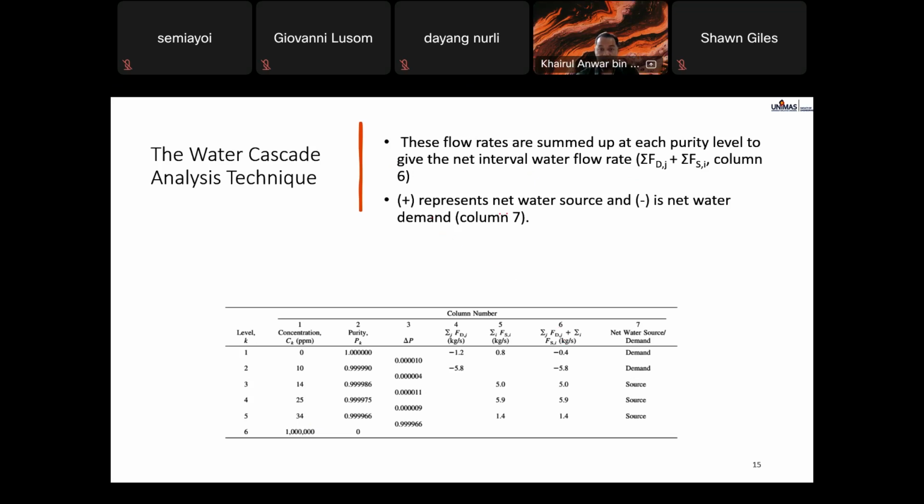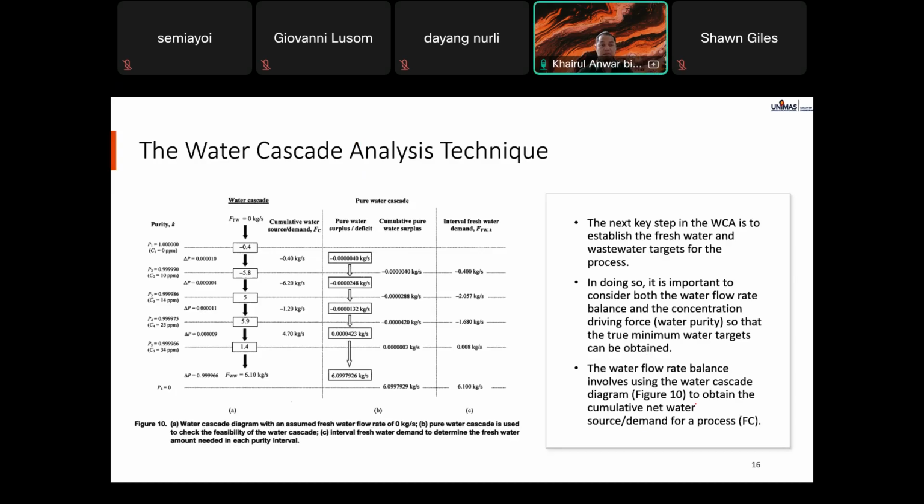So plus represents water source and minus represents demand. So you sum up here, columns 4 and 5, and then in column 7 you need to identify which one is demand and which is the source. Once we are done with the interval water balance table, next is the water cascade.